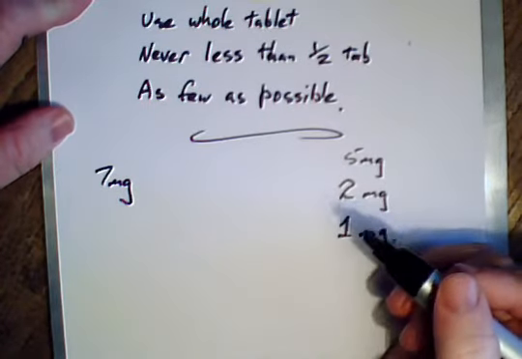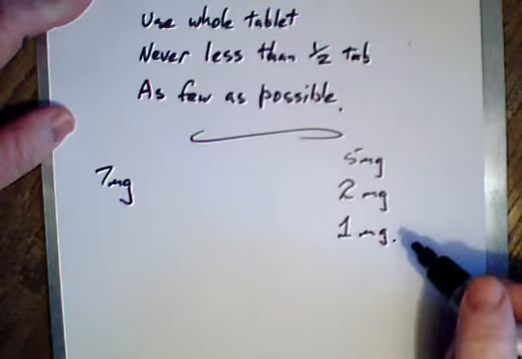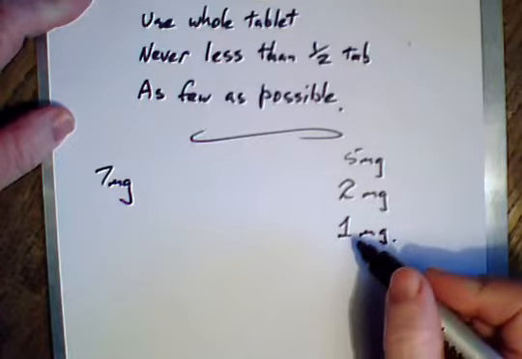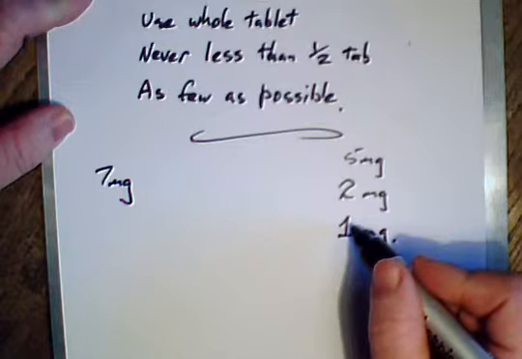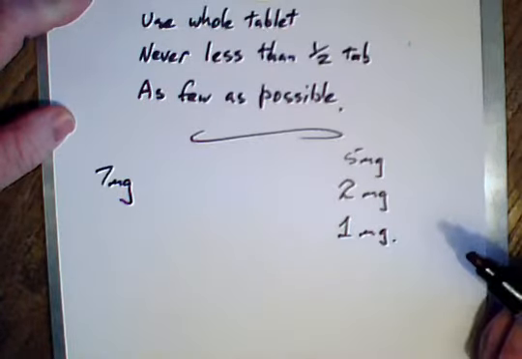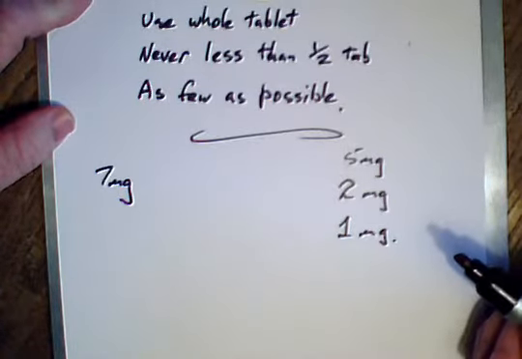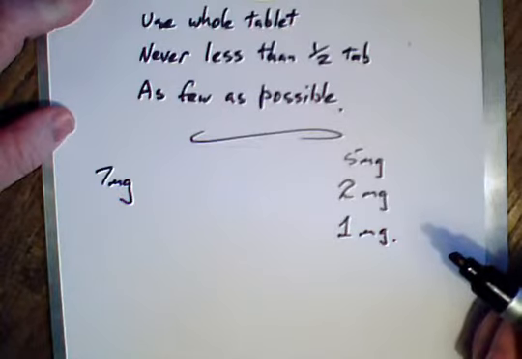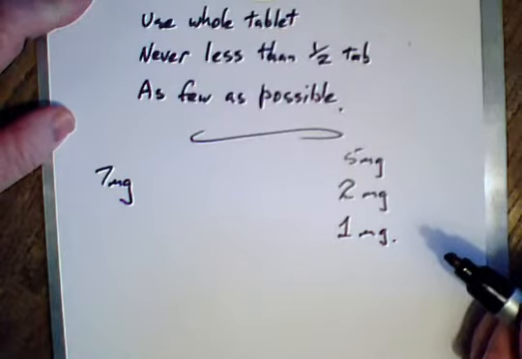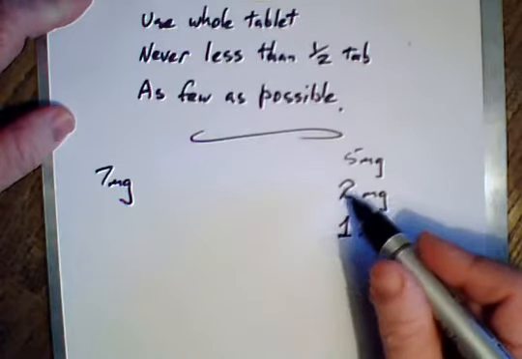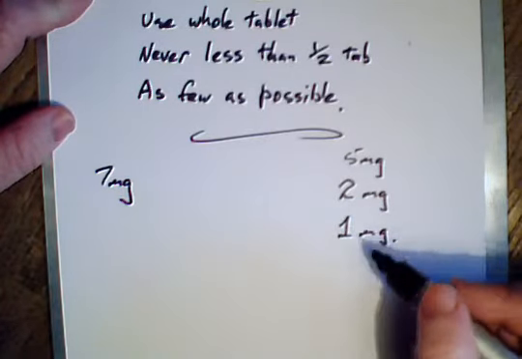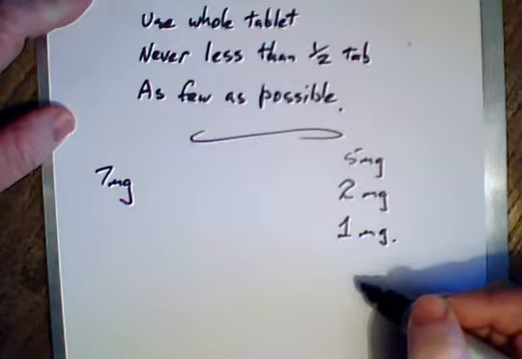Okay, well, our options there are, if we wanted to, we could actually give out 7 of the 1 milligram. That's going to get pretty messy. It's not going to be very cost effective. Usually with drugs, the more tablets you're handing out, the more costly it is. Okay. We could do 3 of the 2 milligrams and 1 of the 1 milligram to make 7.